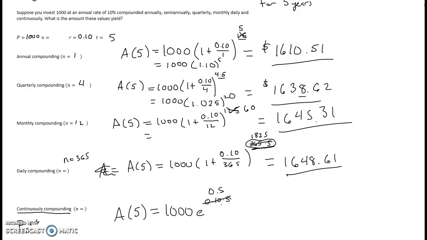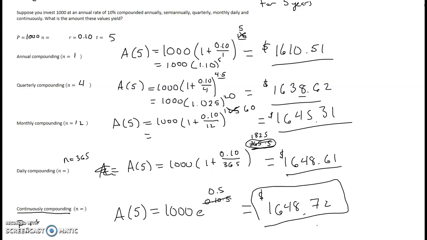And if I do 1,000 times E to the 0.5, I get $1,648.72. Sorry, these should all be money values, right? So you can see it wasn't a lot, but it was about 11 cents more that I made when it was compounded continuously.